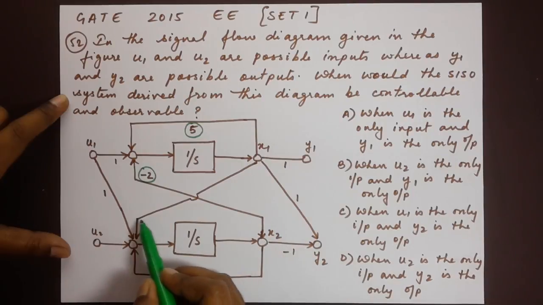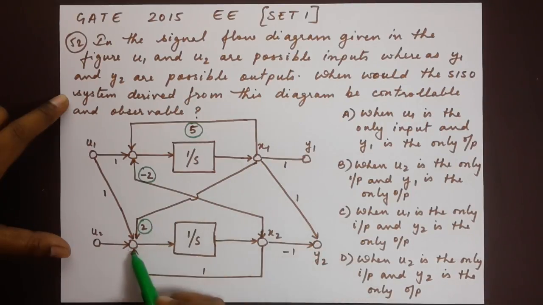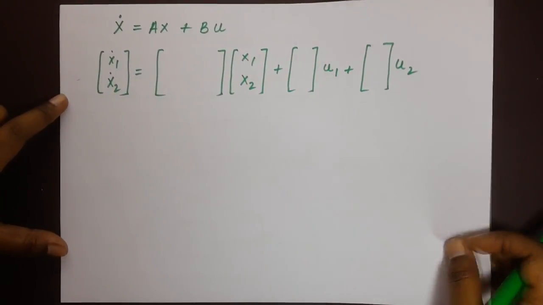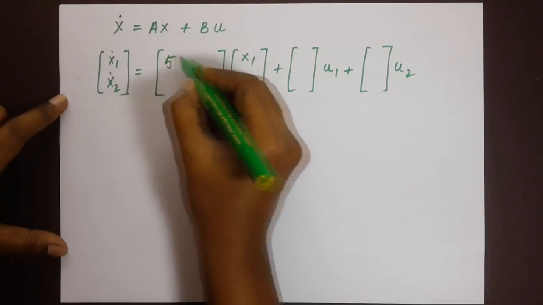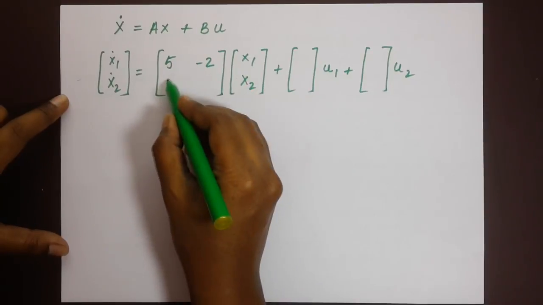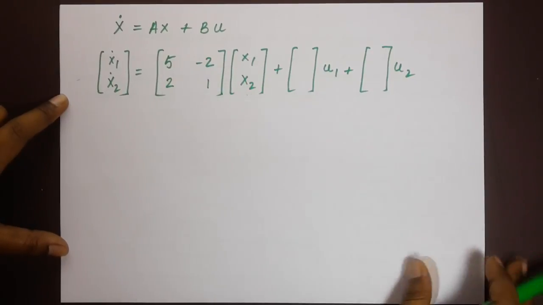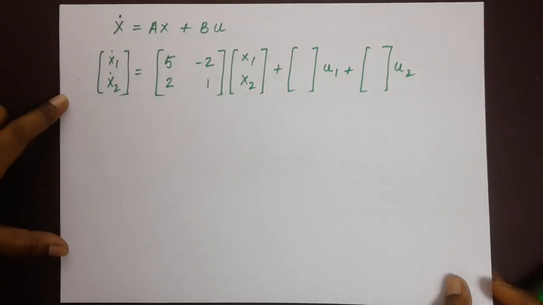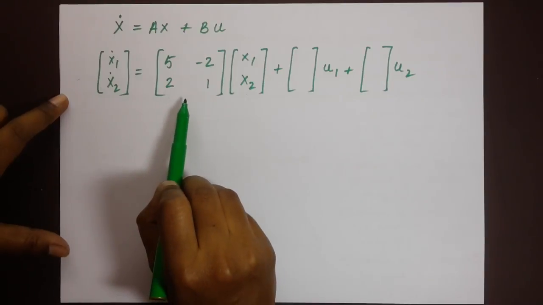Then we have the value 2 here between x1 and this node, and then the value 1 here for x2. Now arranging them in order for x1, x2, we would have them as 5, minus 2, corresponding to x1, x2, and then 2, 1, again corresponding to x1 and x2. If you observe the block diagram and your matrix, this is our matrix A.